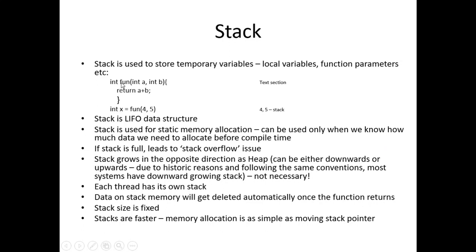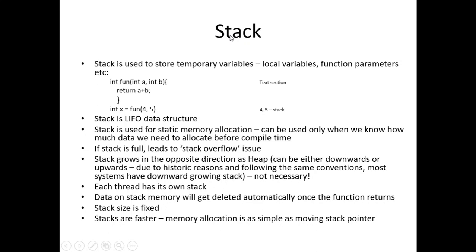Assuming we call this function by passing parameters 4 and 5, then these parameters will be stored in the stack, and the return value, that is 4 plus 5, 9, will also be stored in the stack. So the code is stored in the text section and the parameters will be stored in the stack. I've put up this small snippet of code just as an example.